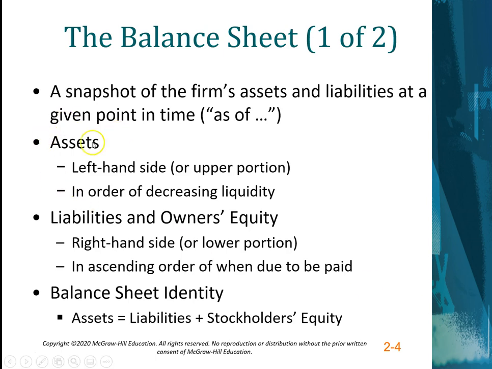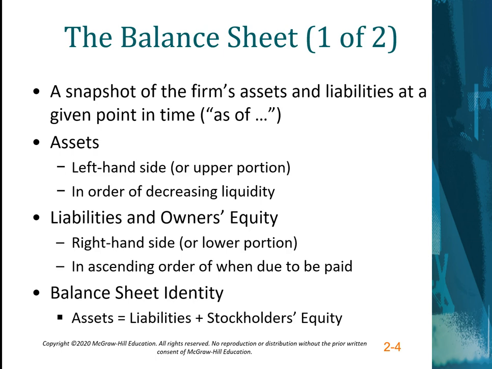If you remember from financial accounting, assets are those things that provide future benefit to the firm. So there are things like cash, a piece of equipment, accounts receivable. We're going to get the cash from the customers when they pay us. Those are all things that are going to provide future benefit to the firm. When you look at a balance sheet, you're going to find assets are typically shown in the upper left-hand side or the upper portion of the balance sheet.